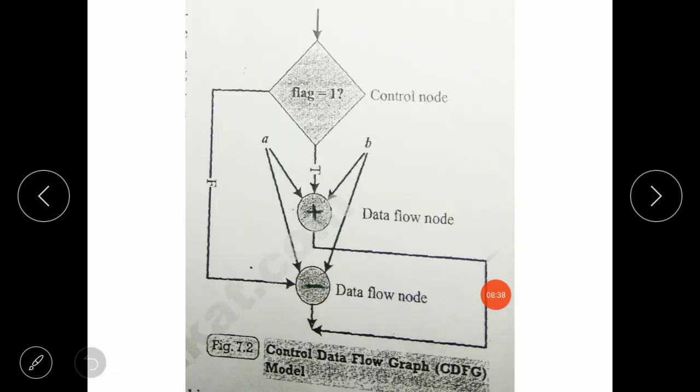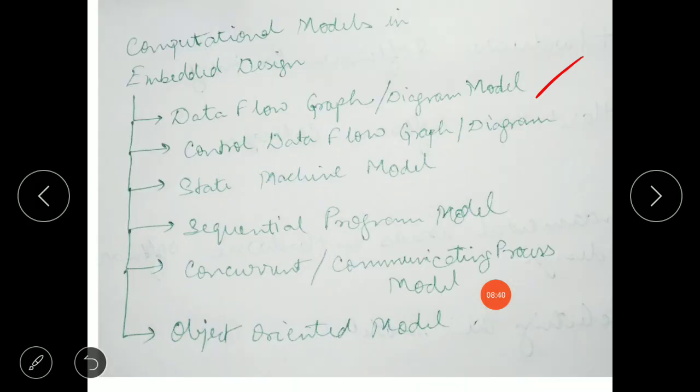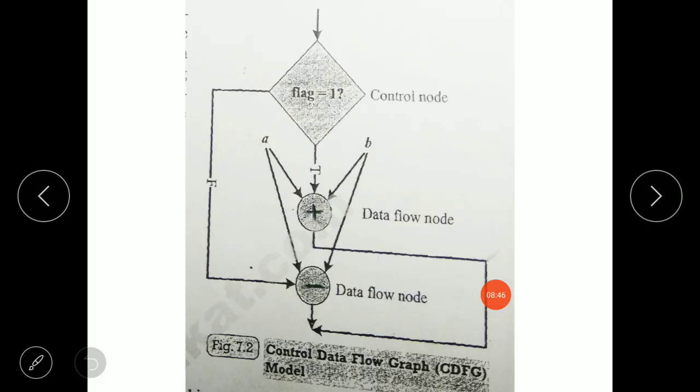Next is the control data flow graph or diagram model. The data flow graph model is a data driven model, as we have seen, in which the execution is controlled by data and it does not involve any control operations, whereas the control data flow graph model contains both data operations and control operations.